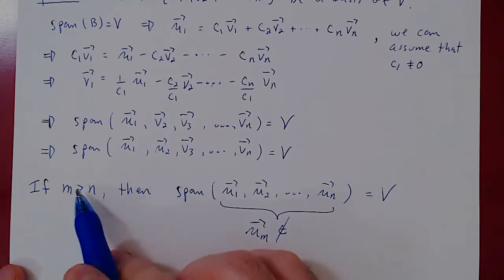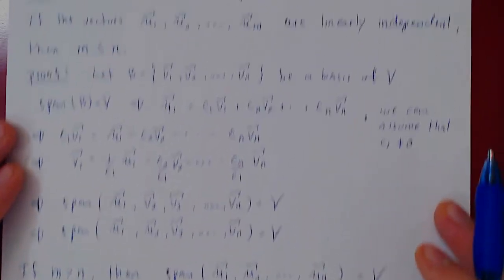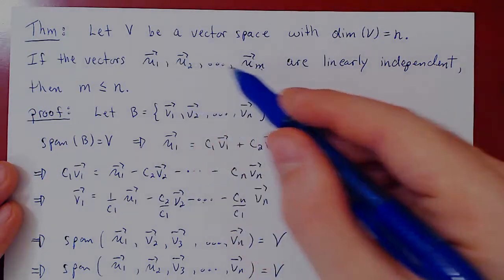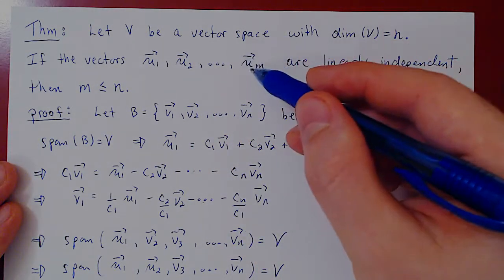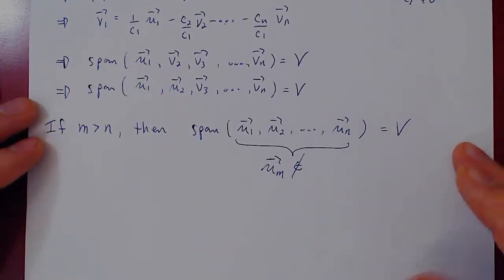And so if m is strictly bigger than n, um is not in this list, but these vectors span the whole space, and so it is possible to express the vector um as a linear combination of the vectors u1, u2 through un, and therefore these vectors are linearly dependent because um is a combination of the previous vectors. And that is the implication here.